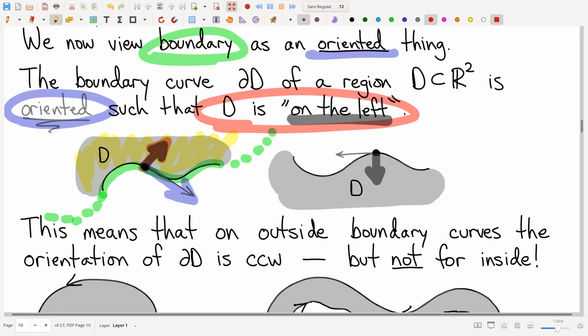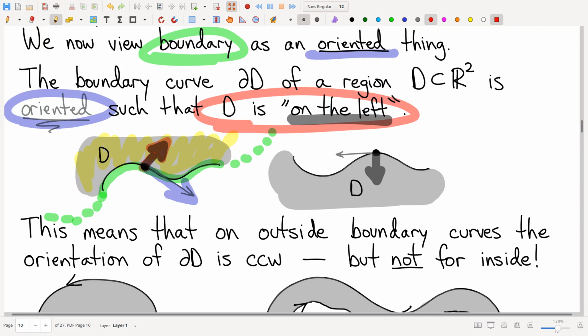So you say oriented such that D is on the left? Is saying oriented to say travel the curve from left to right? Yeah. It means travel the curve in the direction indicated by what we call the orientation vector. Remember, when we first started talking about vector line integrals some time ago, we realized that if you're computing work, it really matters which direction you go along the curve.